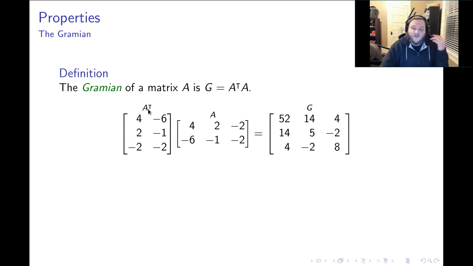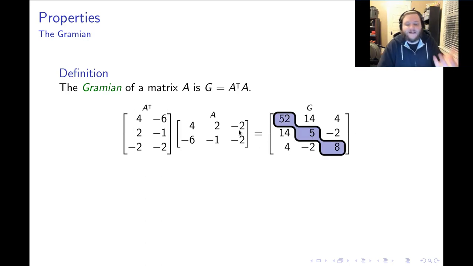And what happens when we multiply a 3 by 2 with a 2 by 3? We produce a 3 by 3 matrix. For this tiny example, I went through and did all the arithmetic to figure out all of the entries in the product. Here we end up with a square matrix, a 3 by 3 matrix.